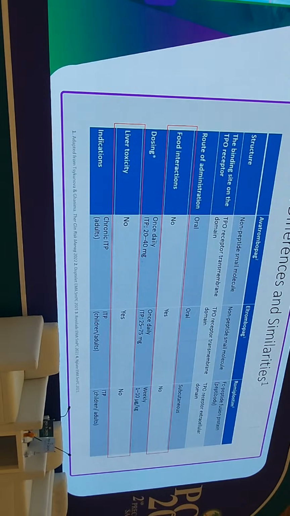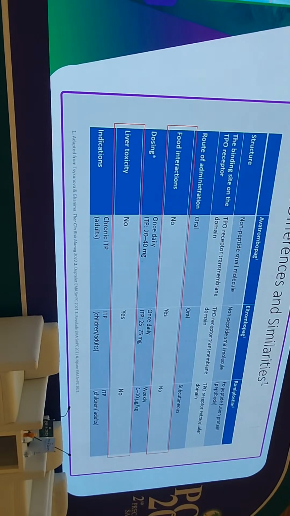So there is some difference. What we can see is the drug interaction. So that's why avatrombopag has the advantage of being taken with or without food, it's not affected by food.